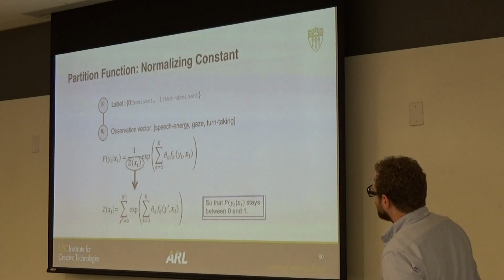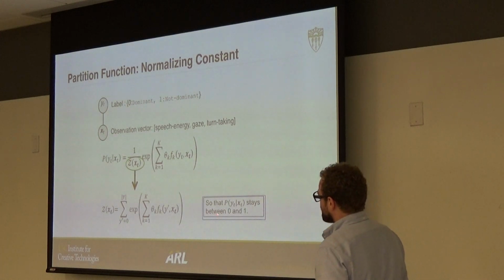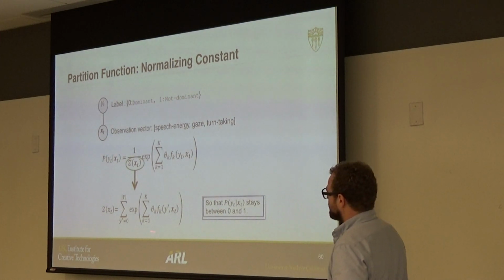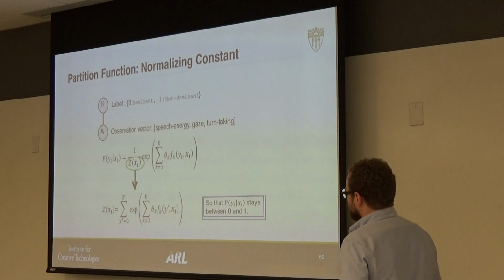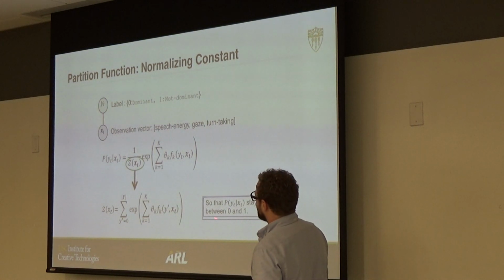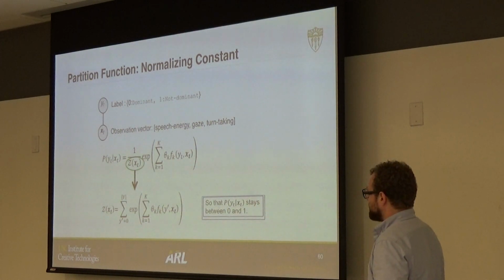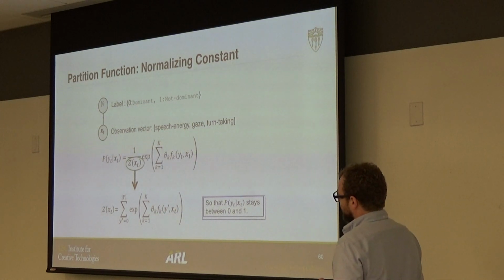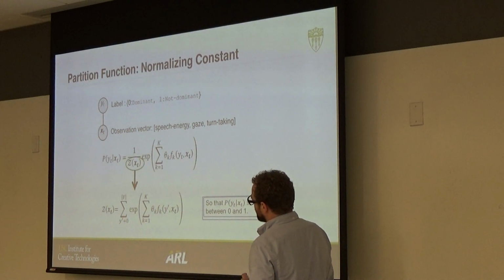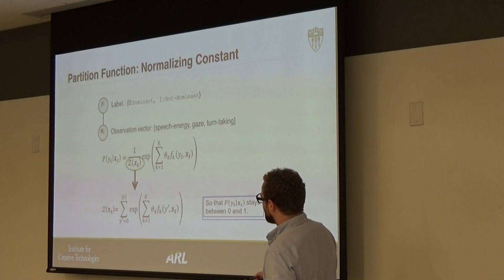Okay. And then for our partition function, we need to compute the sum so that this stays between 0 and 1. This is kind of complicated to compute, but it's not that important right now.